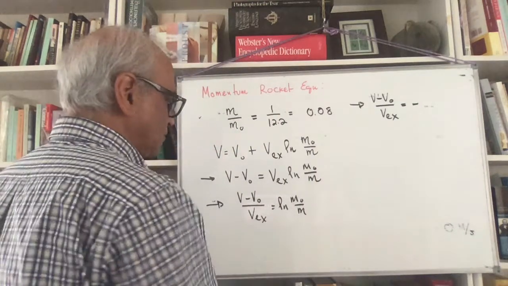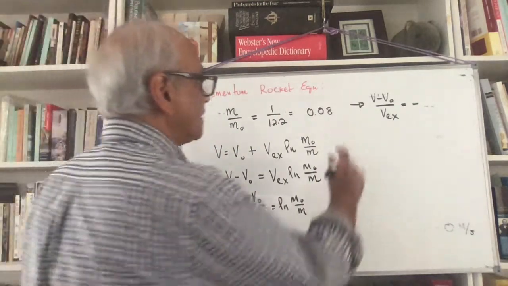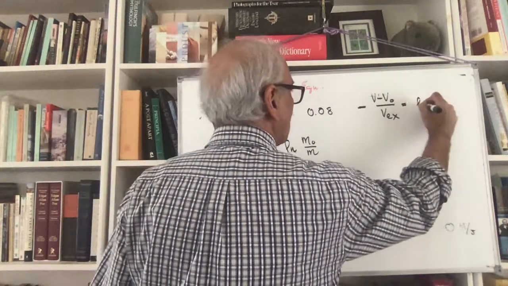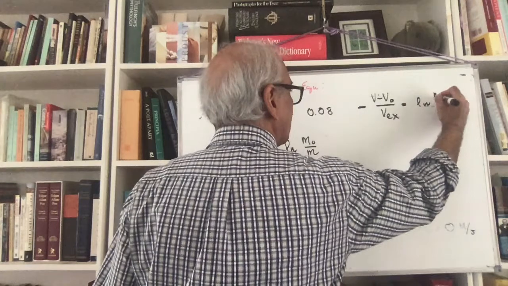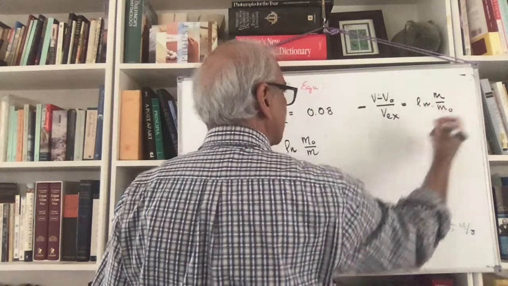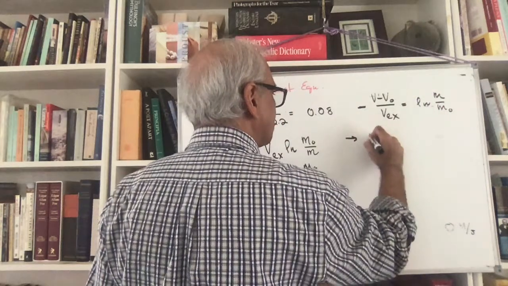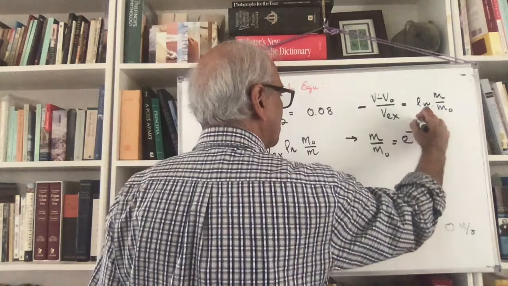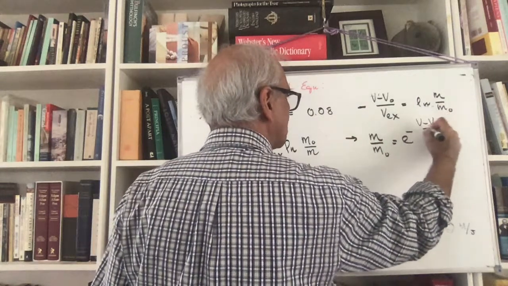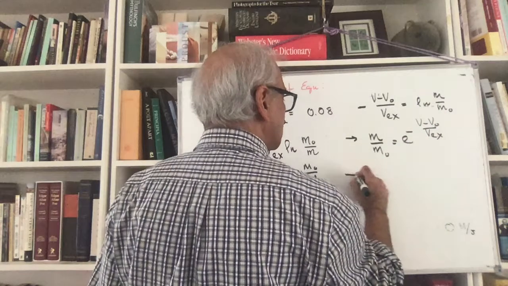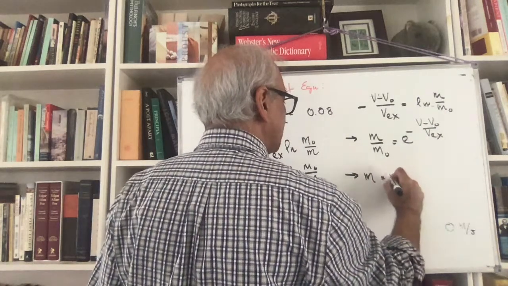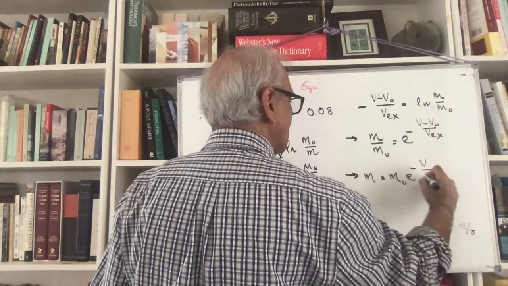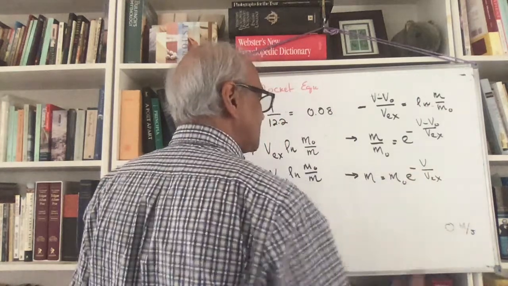I'm just going to take the exponential of it. So I can put a negative in here, and I can write log of m over m naught. Okay, so you can see right away what the situation is. M over m naught equals e to the power minus (v minus v naught) over vex. So m would be simply m naught e to the power minus (v minus v naught) over vex.